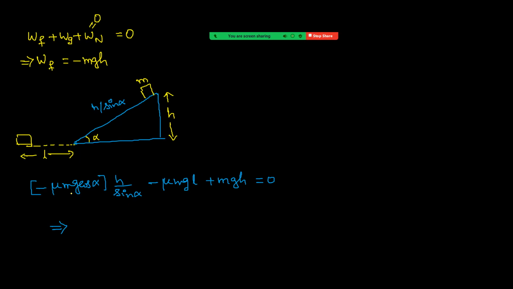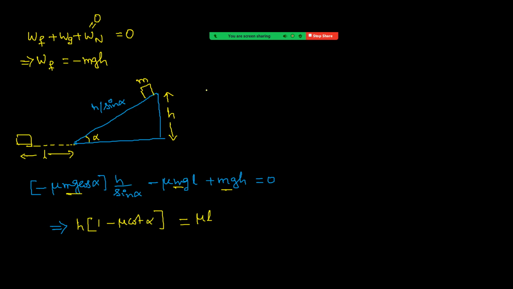So what remains is h into 1 minus mu cos by sin, cot, that is mu cot alpha. That is equal to, taking this one to the right side, mu L.